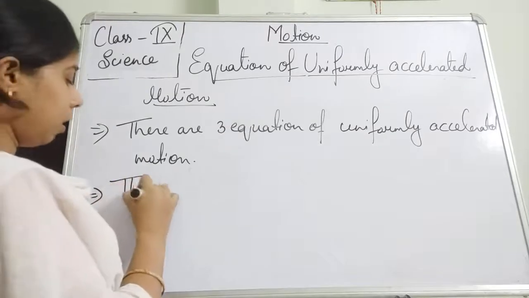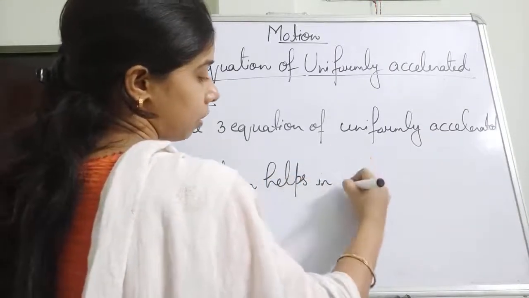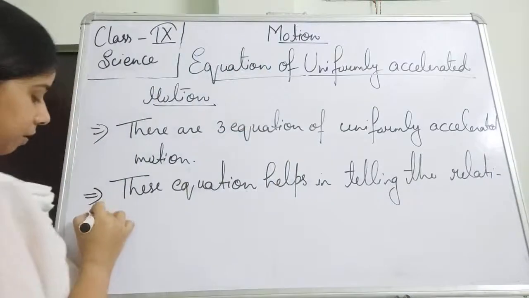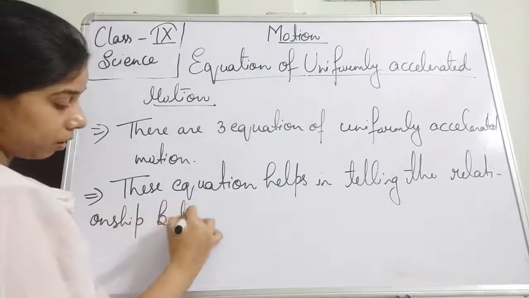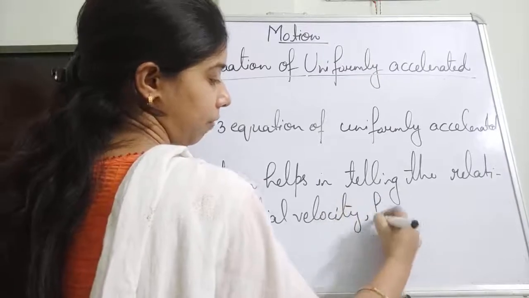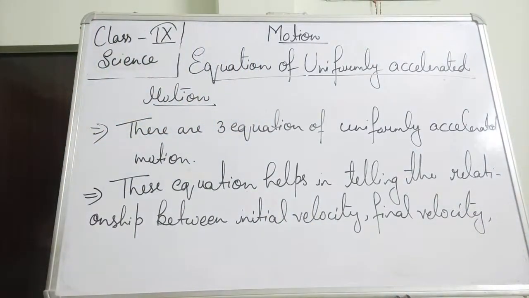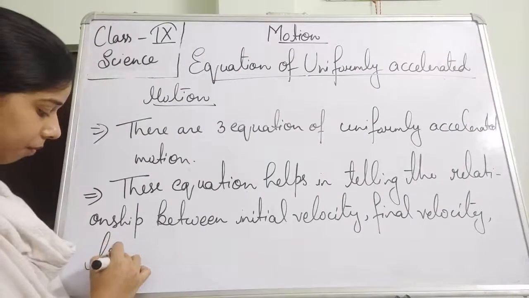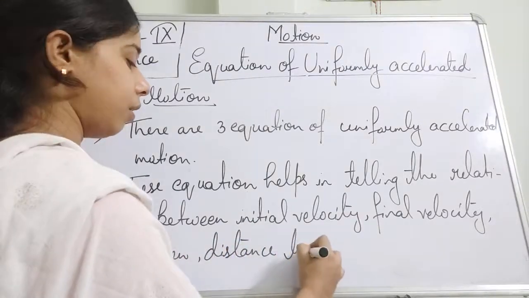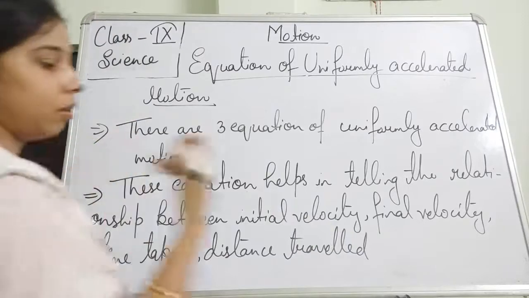So these equations are quite important, students, because they help in telling the relationship between initial velocity, final velocity, time taken, and distance traveled by the body.